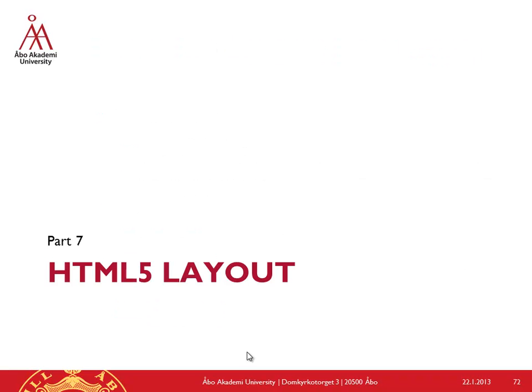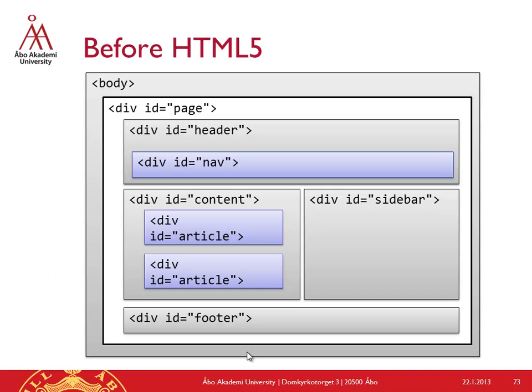And finally, what HTML5 layout provides to us. For example, this was before HTML5. This is some sort of layout of a page. We have a body, we have some sort of parent container where everything is contained, with the header, the main content of the site, the sidebar, and a footer.